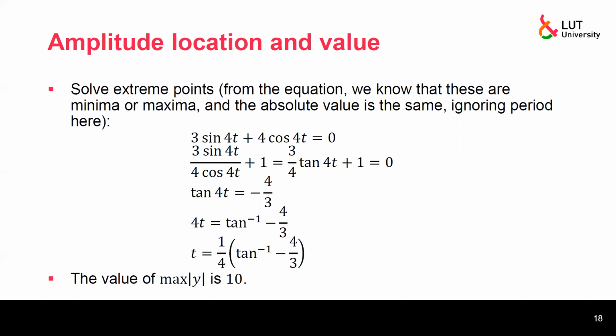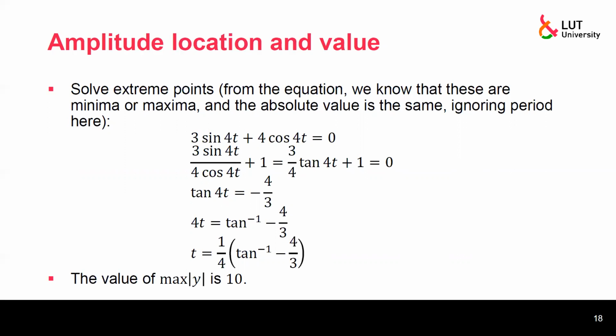So we get 3 over 4 tangent 4t plus 1. Move plus 1 to the other side, we get 3 over 4 tangent 4t equals -1 times 4 over 3. So we get tangent 4t equals -4 over 3. Take the arctangent and divide by 4, and we get that solution.